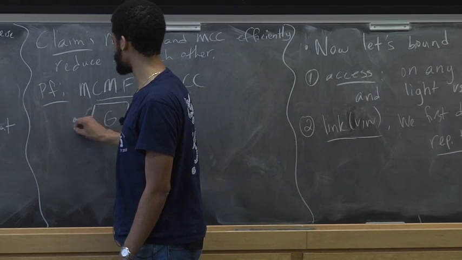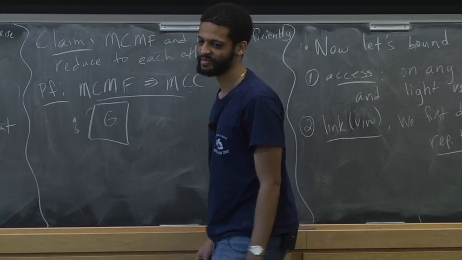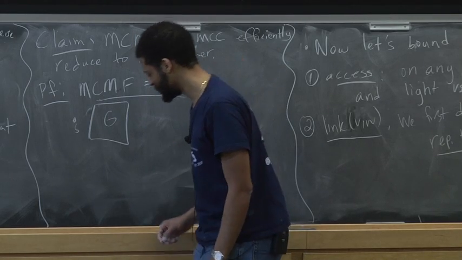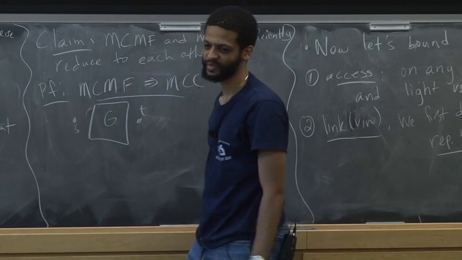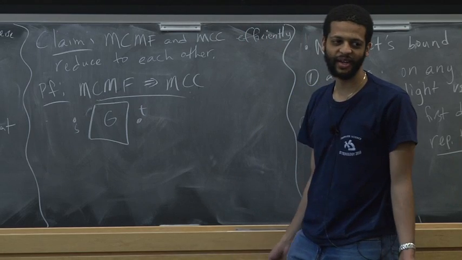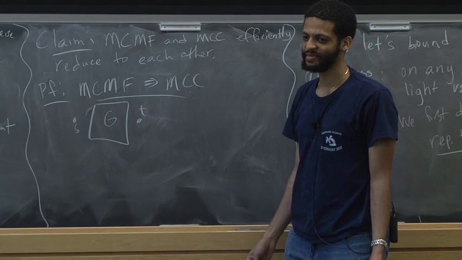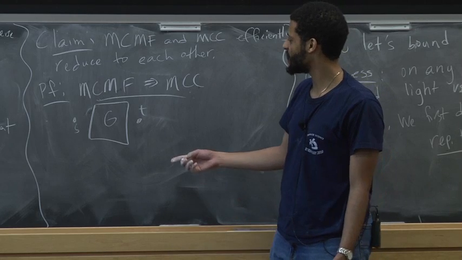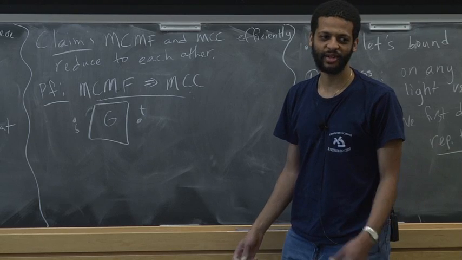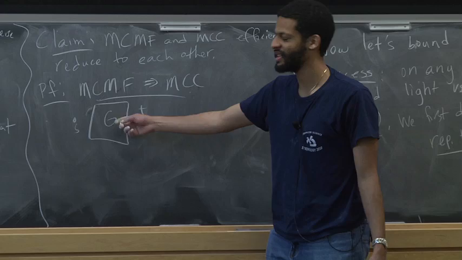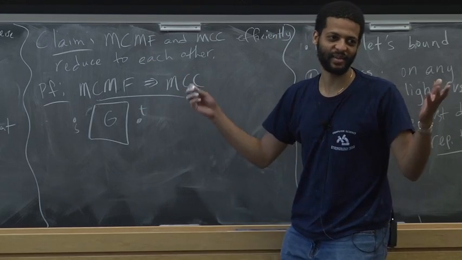You could just add a source and not connect it to anything, and also add a sink and not connect it to anything either. So the max flow in this graph is 0, right? Any S-T flow in this graph is a circulation. And then you just find the min cost max flow in this graph, and it's a min cost circulation.